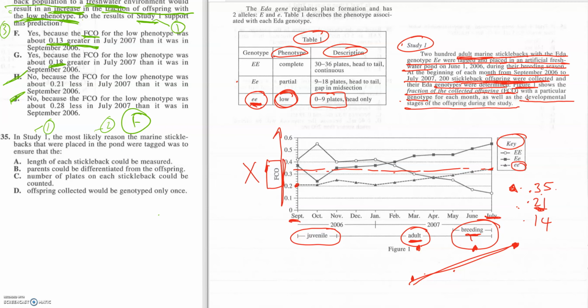So if you're collecting the offspring, you need to be able to separate the offspring from the adults. That's all you're trying to do, right? Because they collected offspring with different genotypes. The genotype doesn't matter. They have all different kinds of genotypes. So let me see the answers. The length of each stickleback could be measured. No, that's got nothing to do with it. Parents could be differentiated from the offspring. Yeah, that's right.